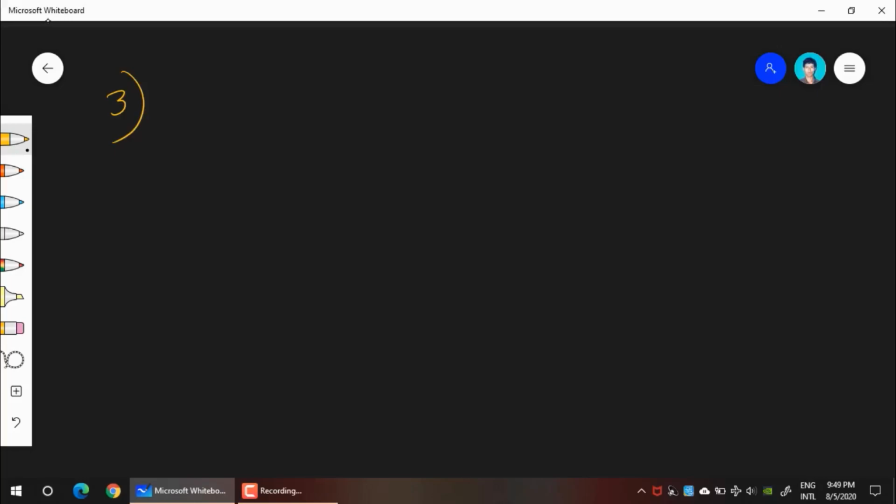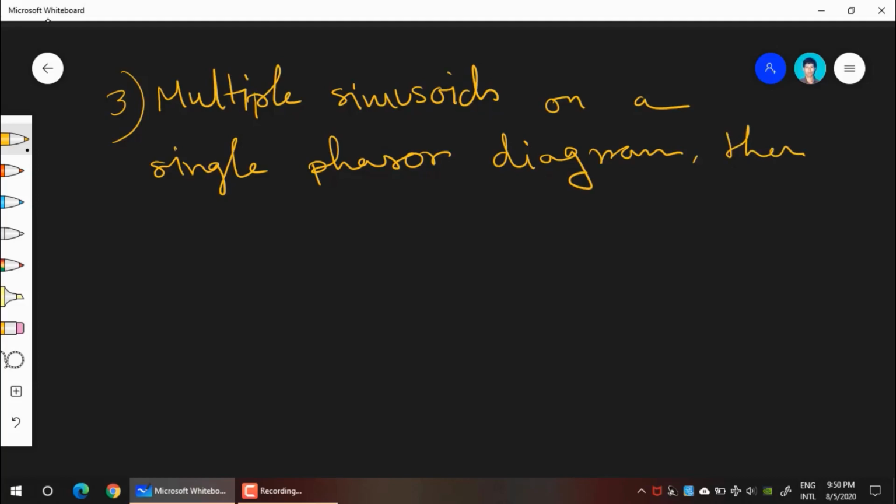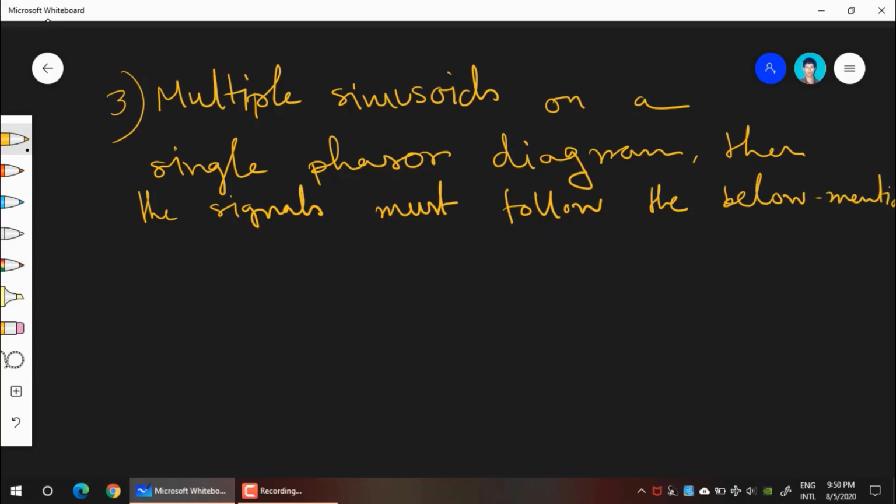is that if we want to draw multiple sinusoids on a single Phasor diagram, then the signals must follow the below mentioned constraints.